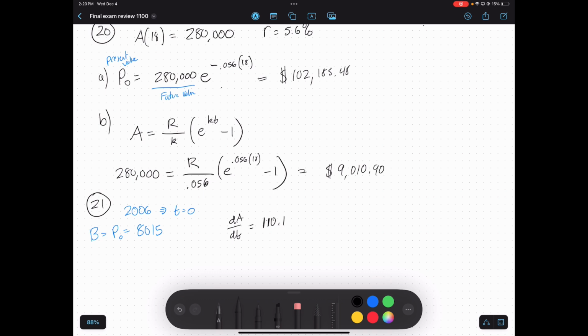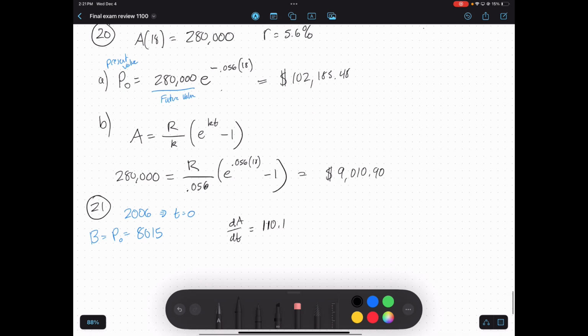Yes, and then the rate at which we're consuming natural gas is also growing. It's growing by 1.9% each year.